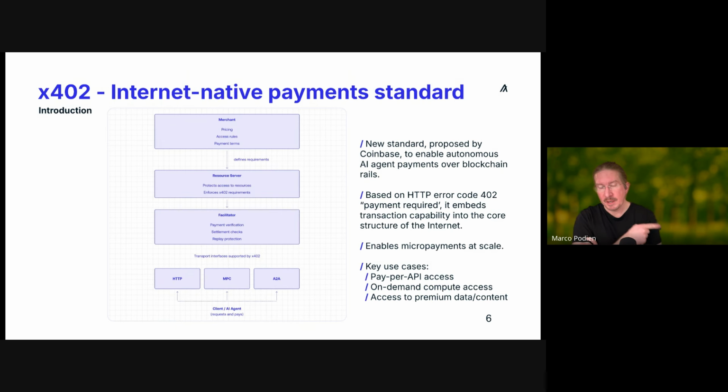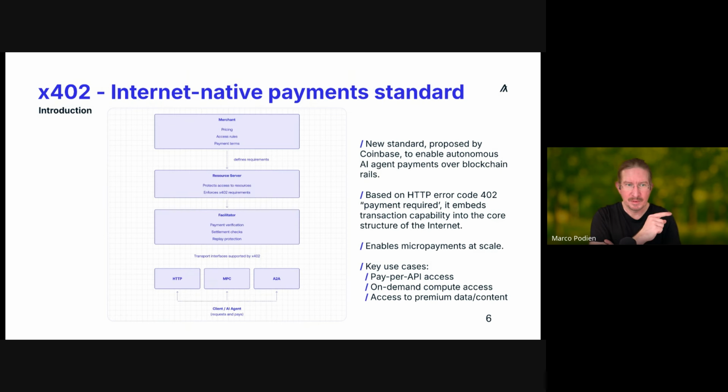However, the specification states that this code is reserved for future use. So it was never implemented, and it was already baked into the original HTTP protocol from the 90s under the initiative of Marc Andreessen. Most of you, I assume, are crypto curious or generally in the area of technology, so you might have heard of the VC firm Andreessen Horowitz, a16z, and Marc Andreessen is the "A" in a16z.